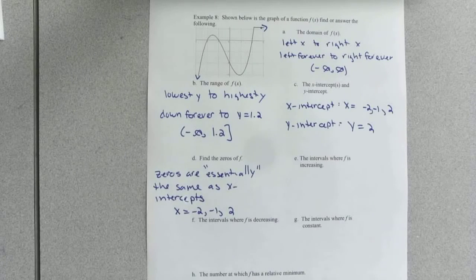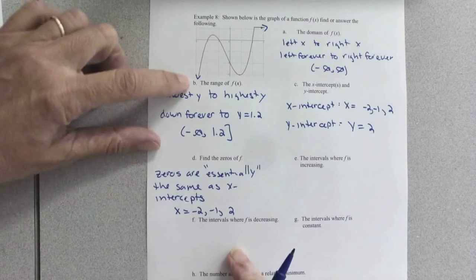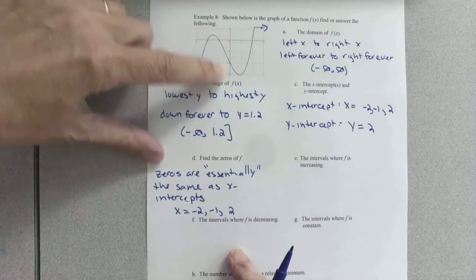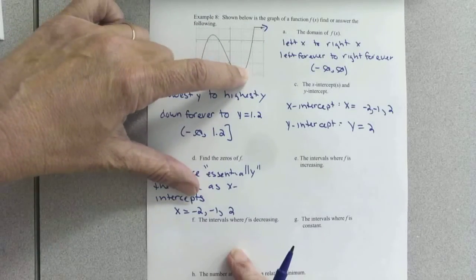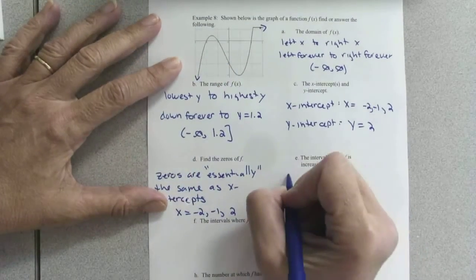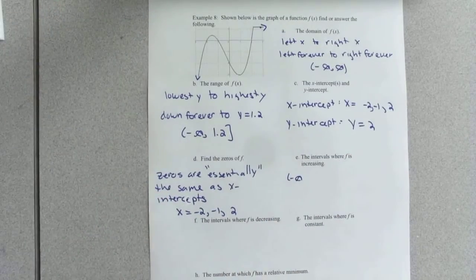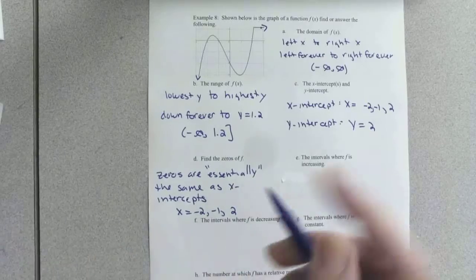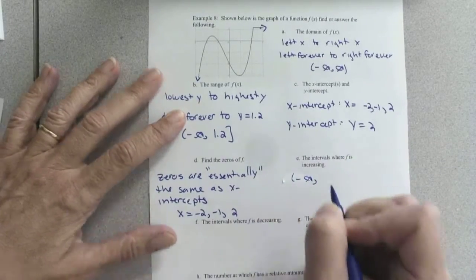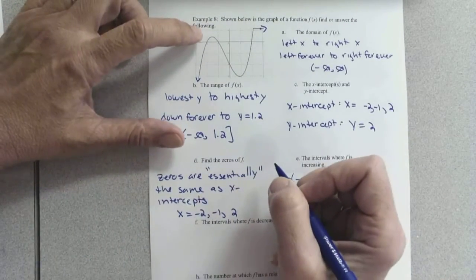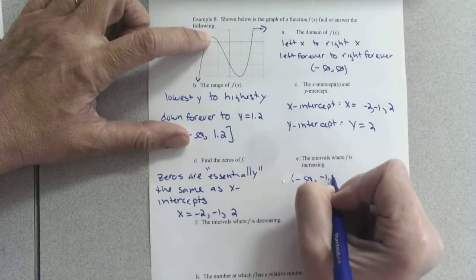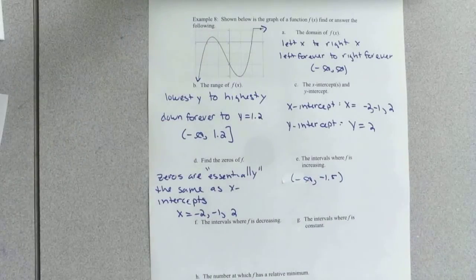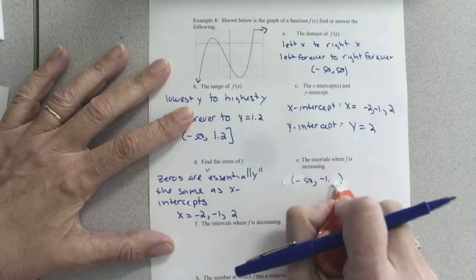Intervals where the function is increasing. Well, it's increasing on this first part and this third part over here. So it's increasing on the left forever, so negative infinity to, it looks like, roughly -1.5. And again, that's an estimate, a guess, but close enough.